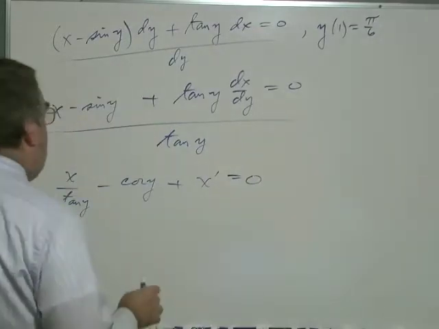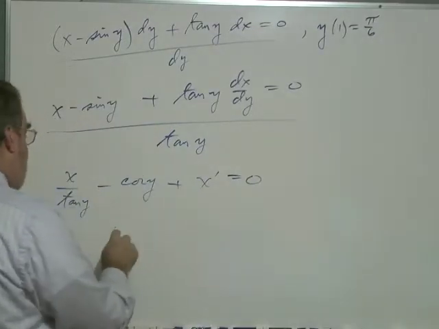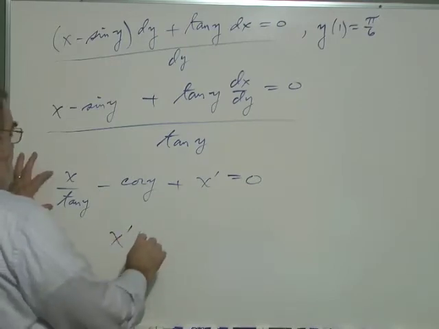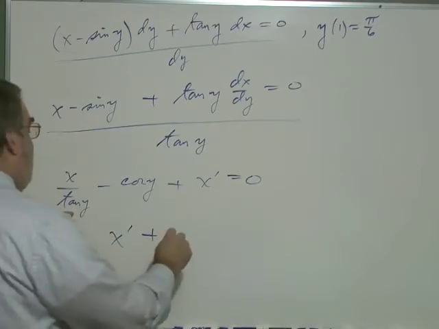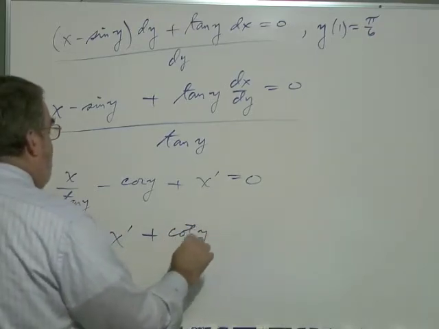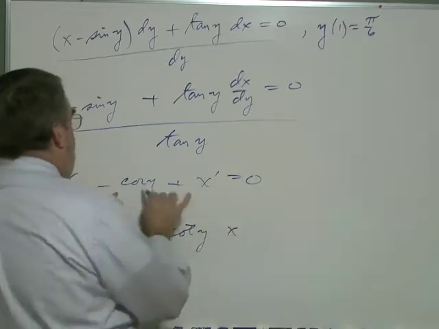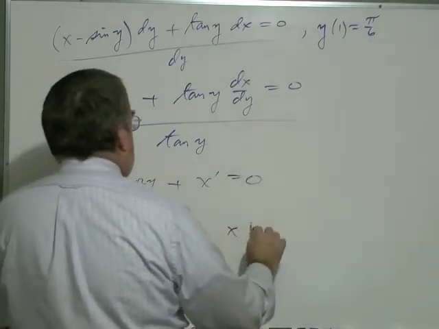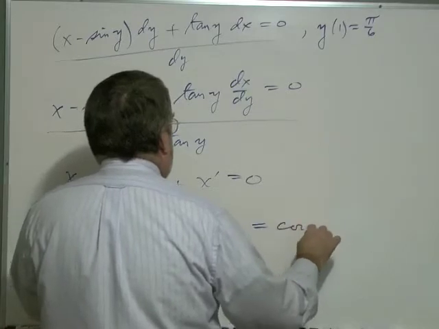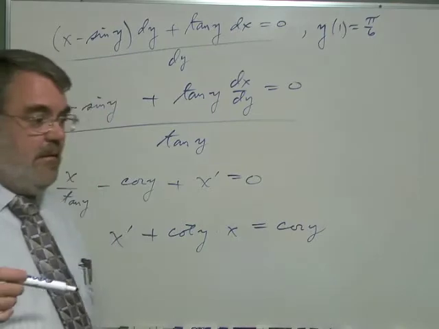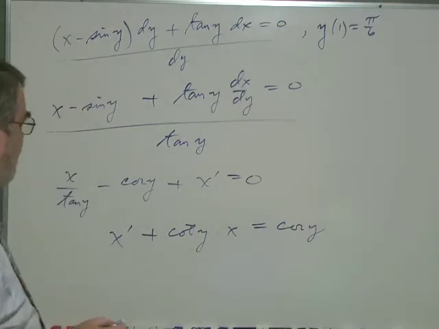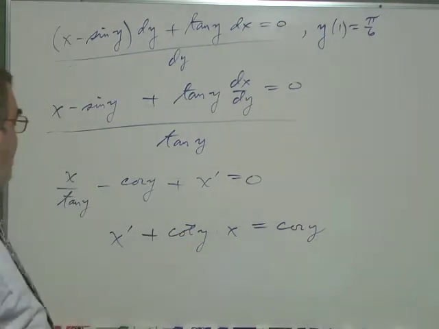Well, let's see. If I separate this, I have x prime plus 1 over tangent. Now 1 over tangent is cotangent, so I have cotangent y times x. And then I'm going to bring this to the right side, the y term only goes to the right side, equals cosine y. So if you think about this, this is the form, the linear equations of first order, as the book terms it, that allows us to do an integrating factor.